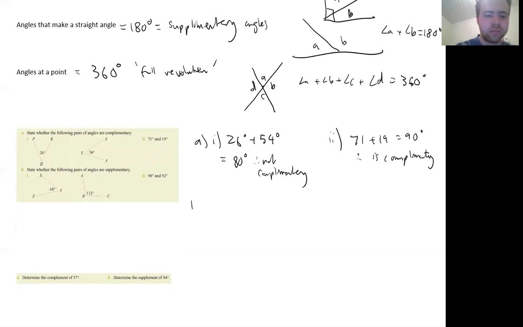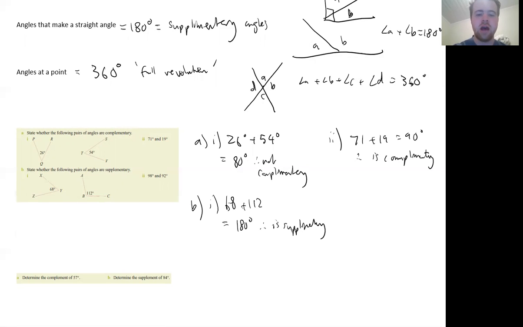Part B, state whether they're supplementary. This is the same process. We add them together: 68 plus 112 equals 180, so therefore is supplementary.